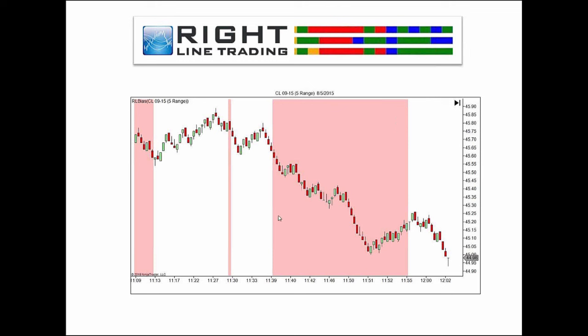Now, the multi-time frames that we look at are our two higher time frames. Here we have crude on a 5 range. When we trade a range chart, we look at our two higher Fibonacci numbers, which in this case work quite well, although Fibonacci does not predict market direction. We look at the 8 range and the 13 range.